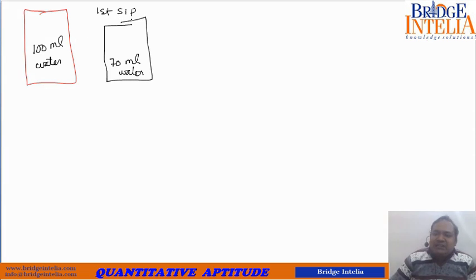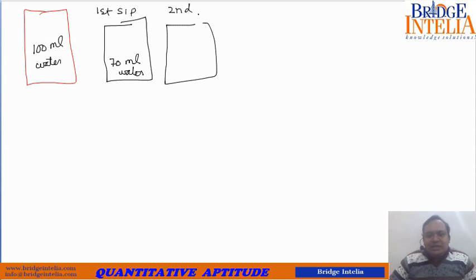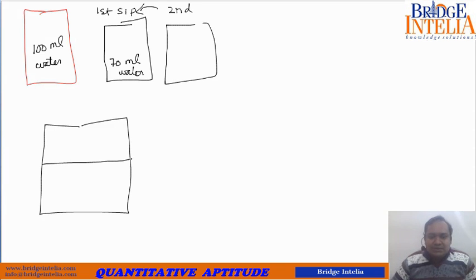So after the first sip he realized that he forgot to mix alcohol in the glass. So from the second sip onward, he mixes. Look at the second sip, what happens. After the first sip, 70 milliliters of water was already there. Then what did he do for the second sip?